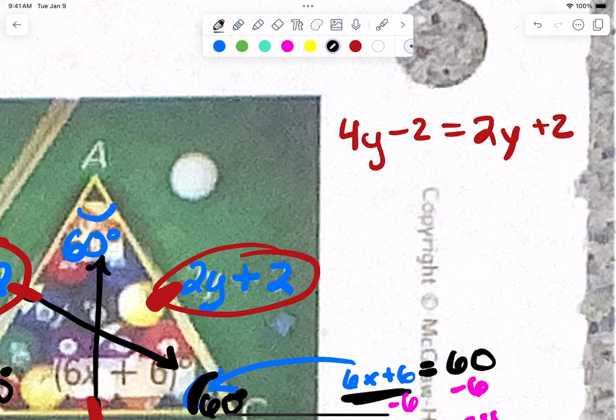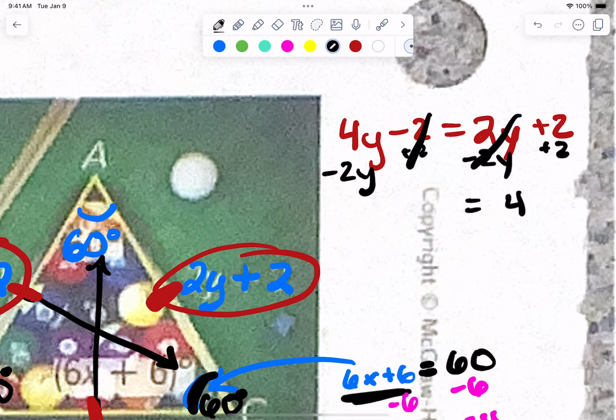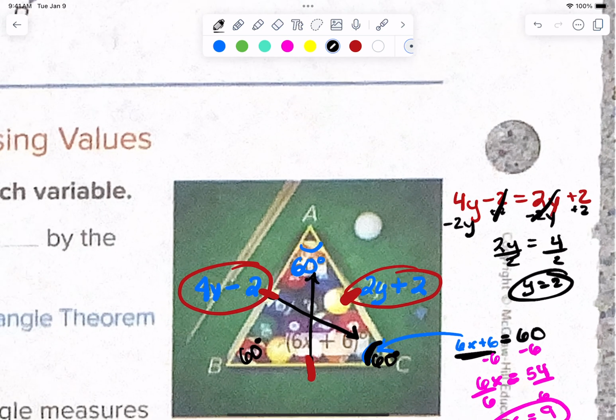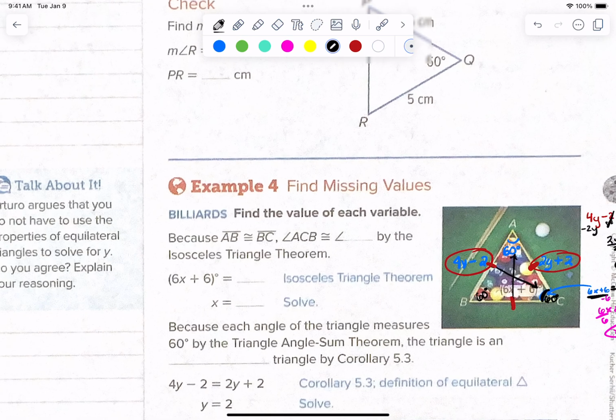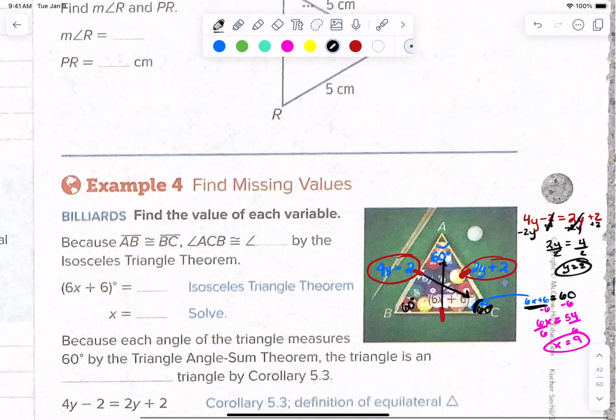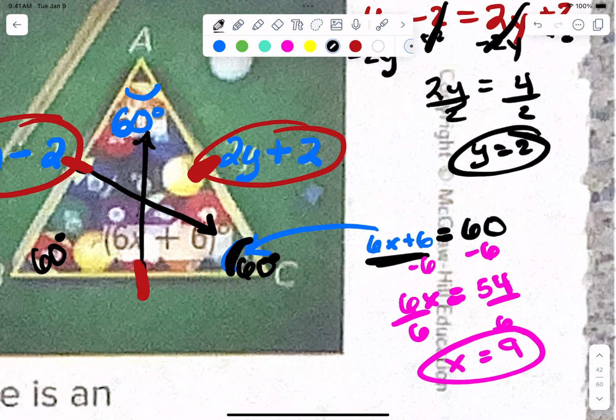So, let's subtract 2y. And can I add this to it at the same time? Okay, so 4 over here and 2y over here. Y equals 2. Yeah? And let's see what they had us find. Find the value of each variable. Done. Y is 2, x is 9. Good? Okay, that's it.